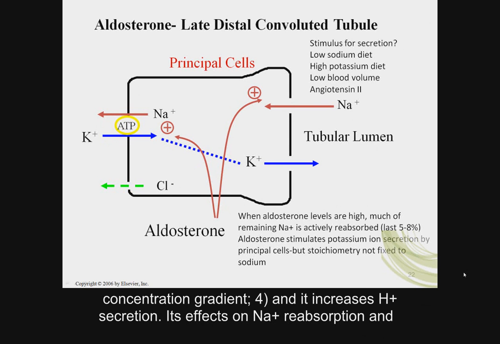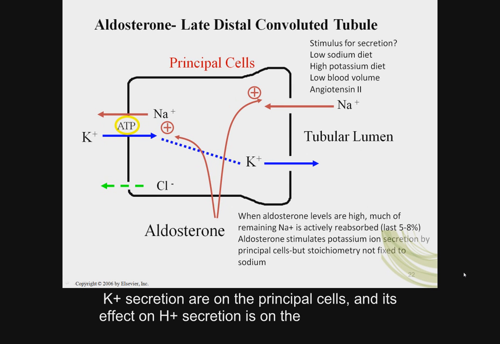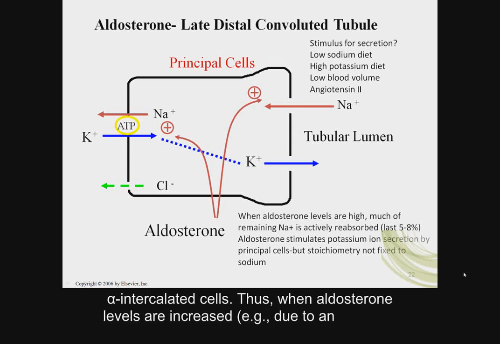And 4. It increases hydrogen secretion. Its effects on sodium reabsorption and potassium secretion are on the principal cells, and its effect on hydrogen secretion is on the alpha intercalated cells, the other cells found in the late distal convoluted tubule.